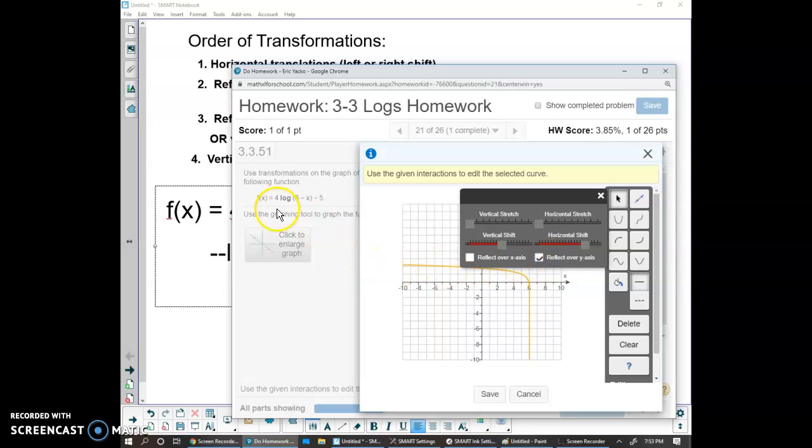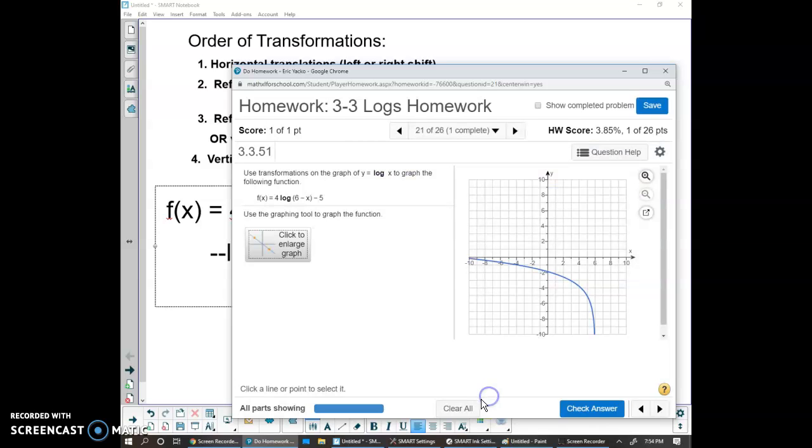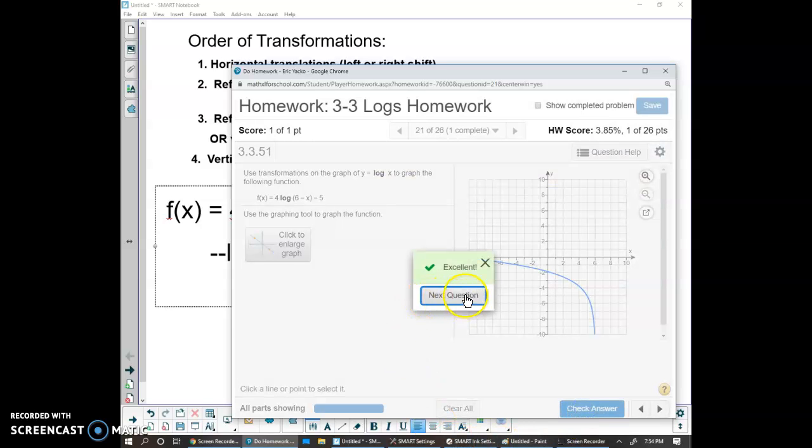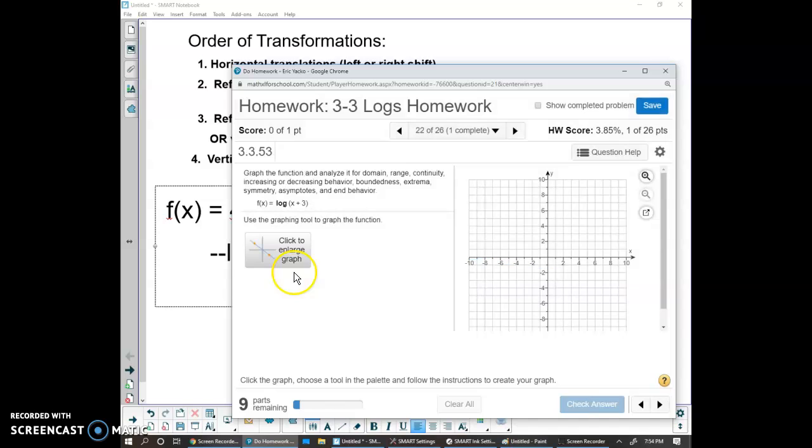Boom, so it flips it there. And then the 4 on the outside, that's a multiplication, so that's a vertical stretch. Then the -5 is going to be a vertical shift down 5. All right, let's save this and check it. Excellent. On to the next question.